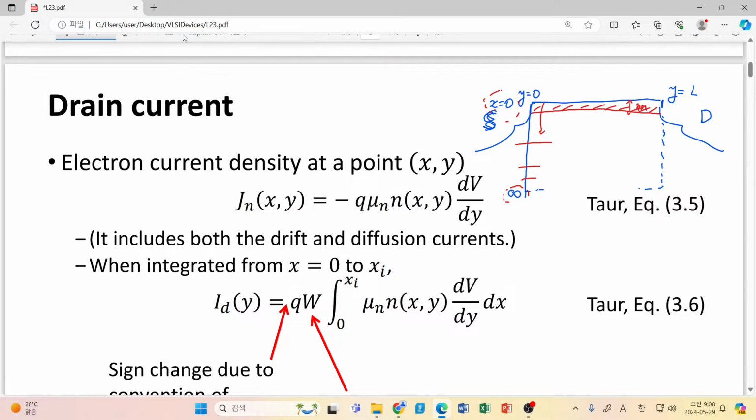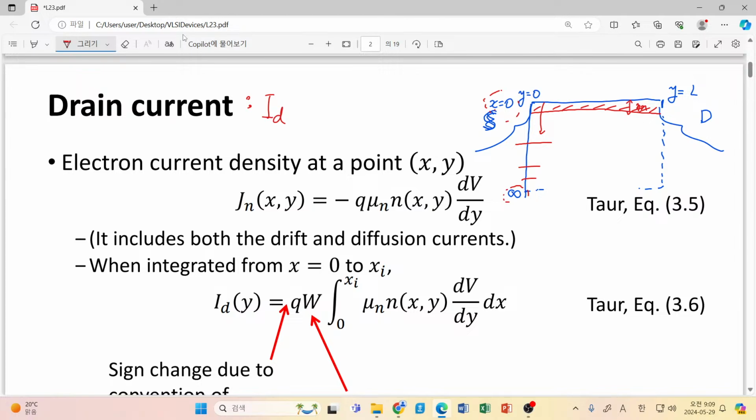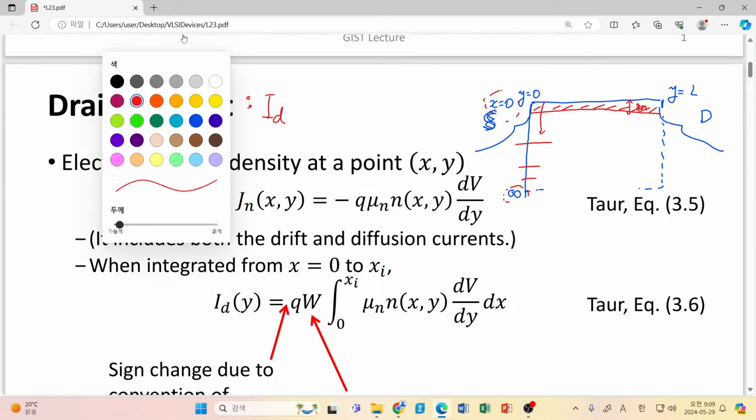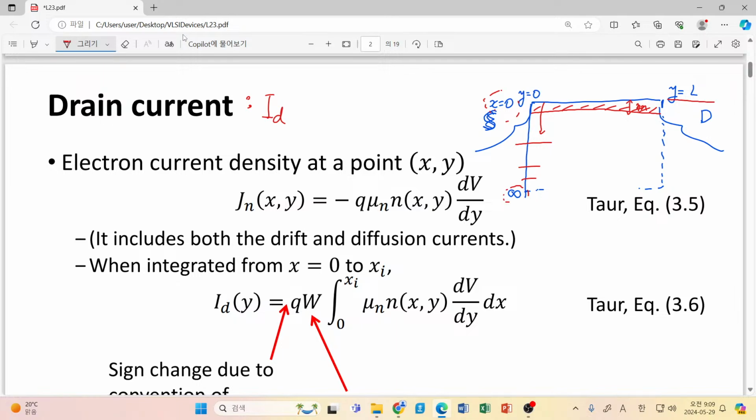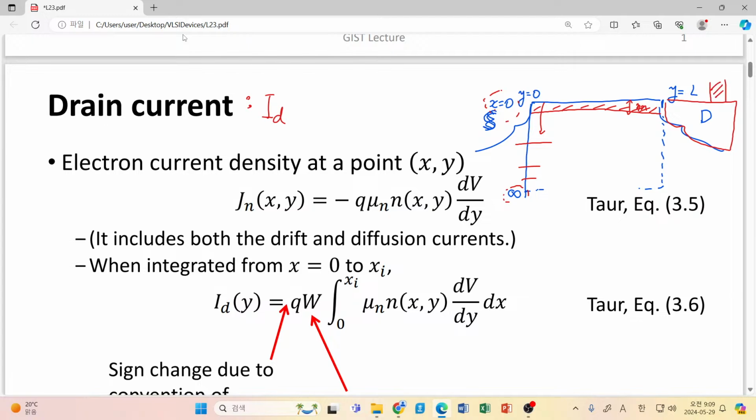Then the quantity we eventually want to calculate is ID, the drain current. What is the drain current actually? Here we have the drain region, and somewhere there we will have a certain metal via.